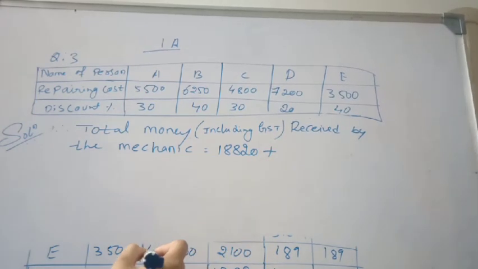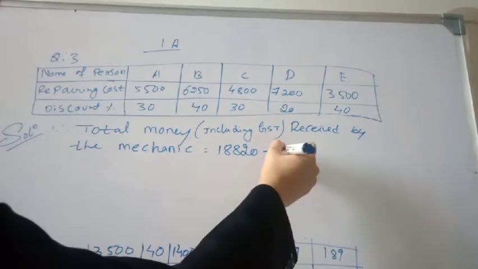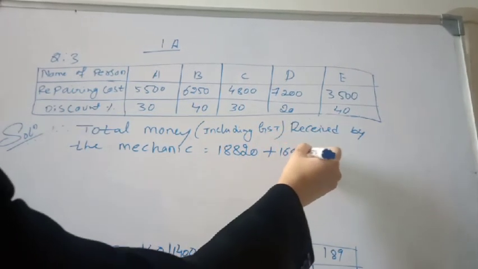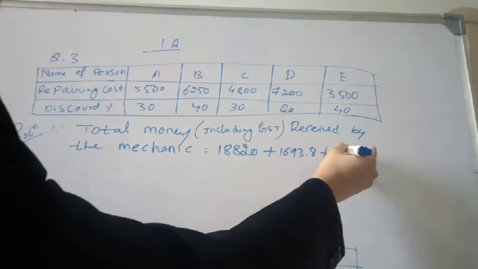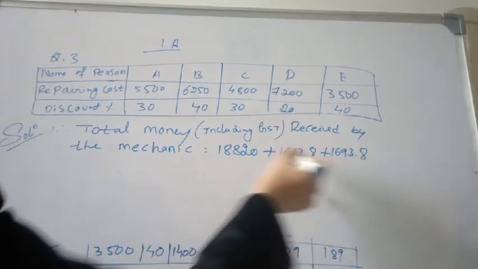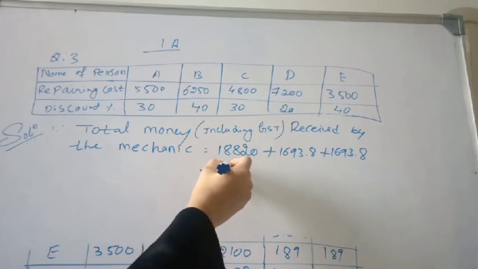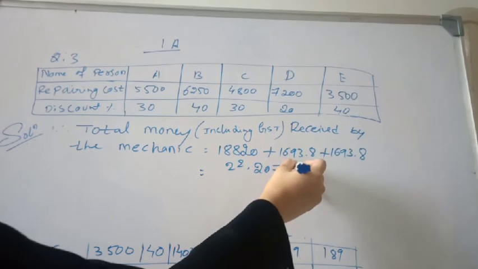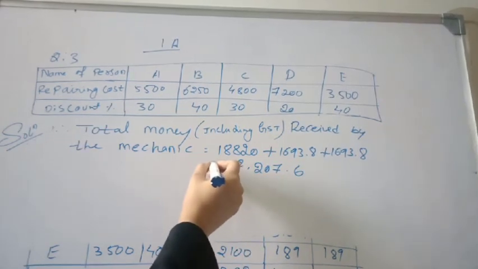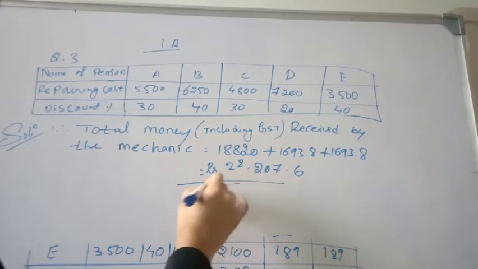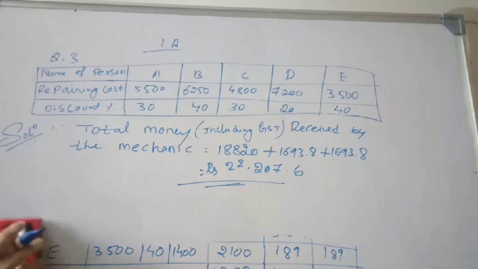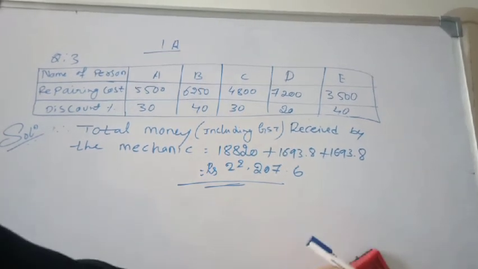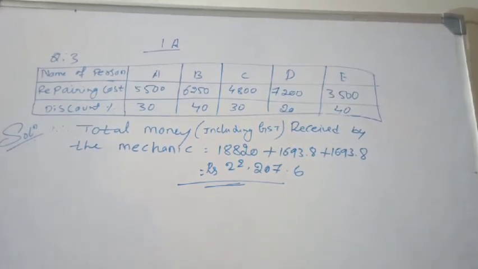So that is 18,820 plus CGST 1,693.80 paisa plus SGST also 1,693.80 paisa. So the total of this is 22,207 rupees 60 paisa. The total amount received by the mechanic is 22,207 rupees and 60 paisa.